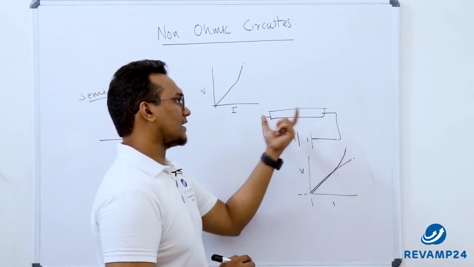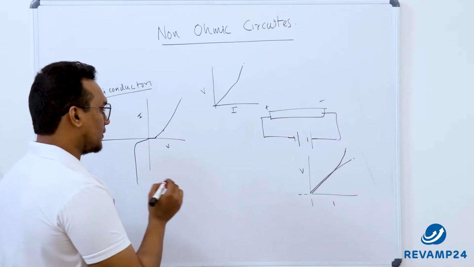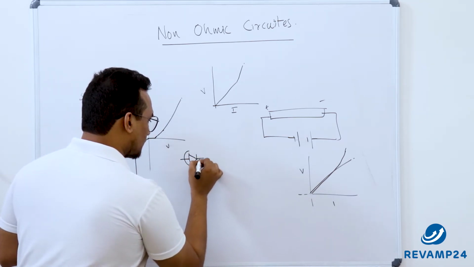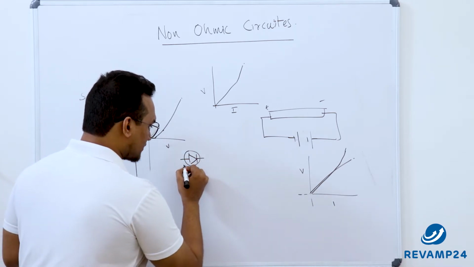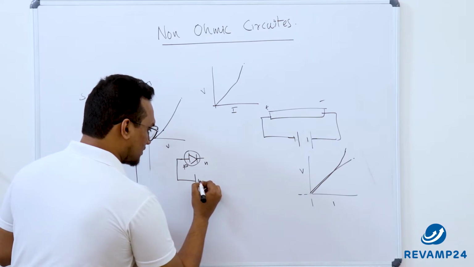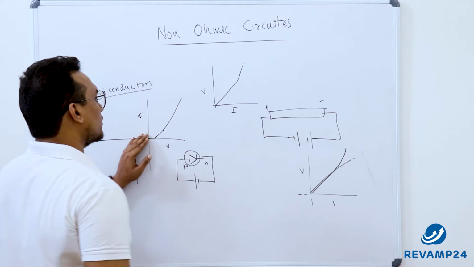But anyway, with a conductor we don't have positive and negative, right? But we will have it with a semiconductor. For example, a PN junction, this one is a PN diode, it will have a positive side and a negative side. When this positive is connected with the positive of a battery, that is forward bias. So this is the characteristic of forward bias.